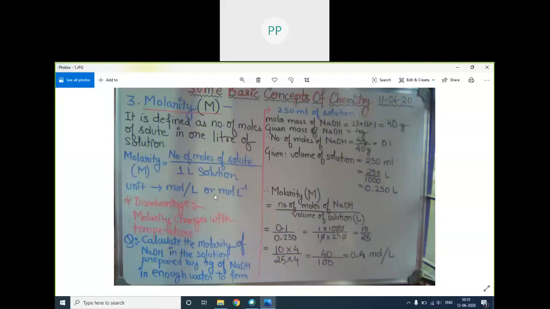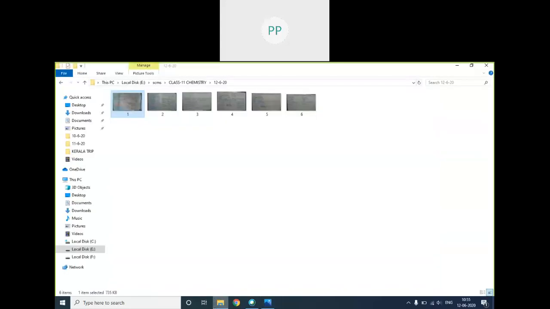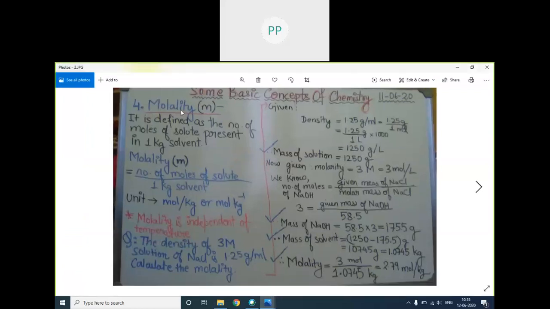Now move on to the next concentration term, molality. It is not molarity, it is molality, and it is denoted by small m. We have denoted molarity by capital M and molality by small m. Now, what is molality?